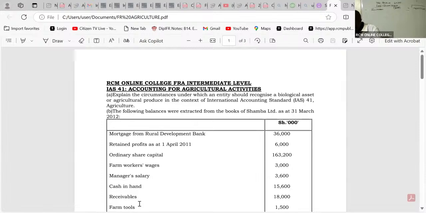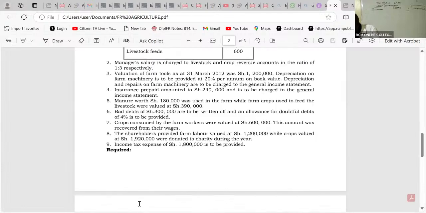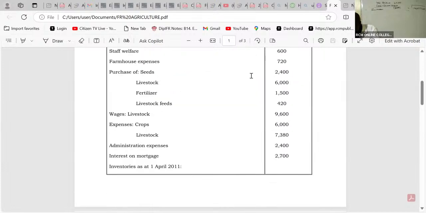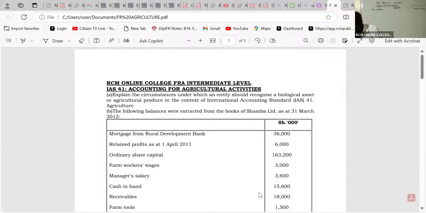So in this case, ladies and gentlemen, go to note number 3. What have they told us here? Valuation of farm tools as at 31st, 2012 was 1,200. And in the trial balance, the farm tools are worth 1,500. We have done a fair valuation of 1,200.